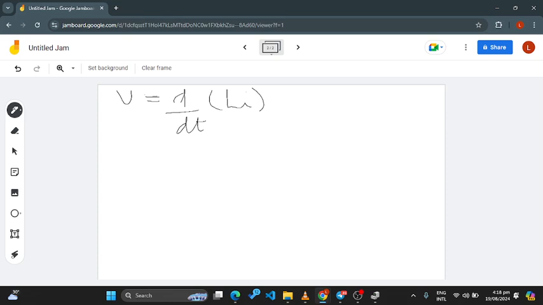Now in the SR drives, or in the switched reluctance motor, the inductance is not fixed. The inductance depends on the angular position of the rotor, or the rotor angle. So now our L is actually equal to L of theta, which is the rotor angle.